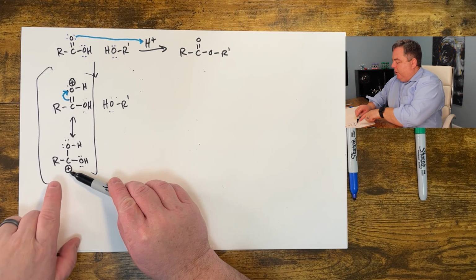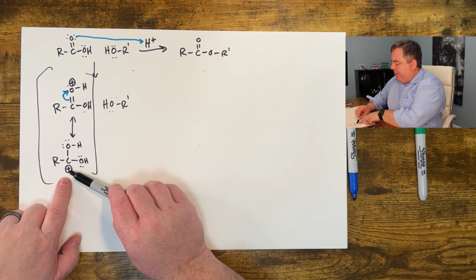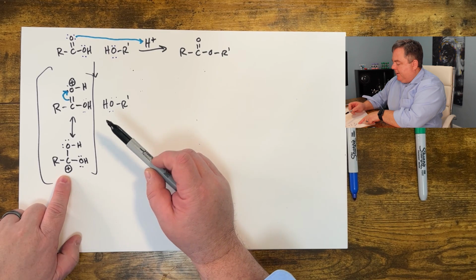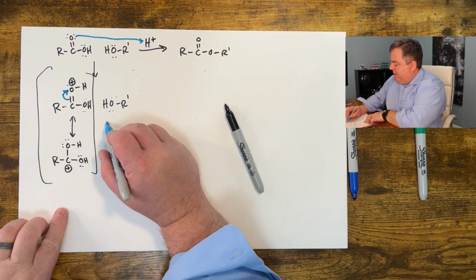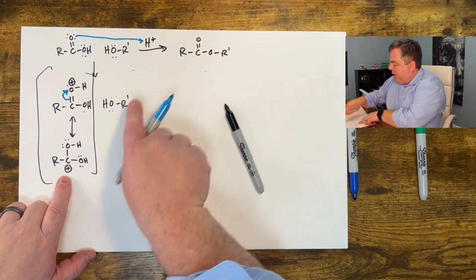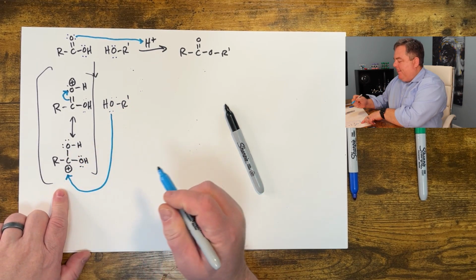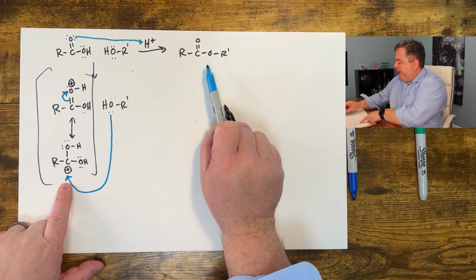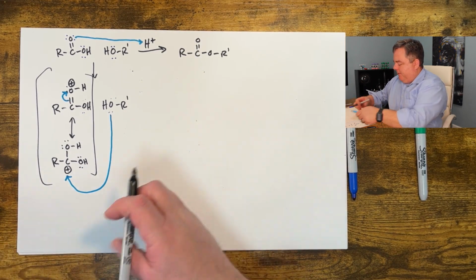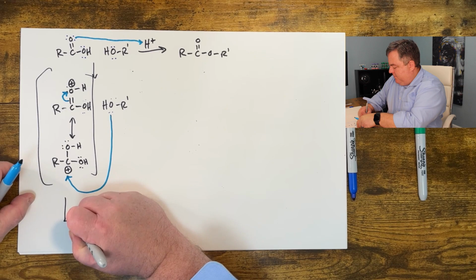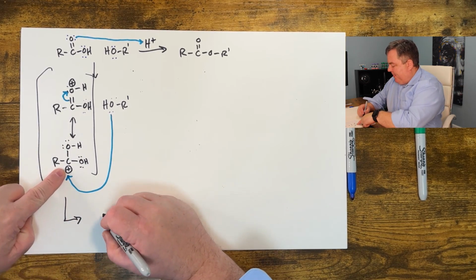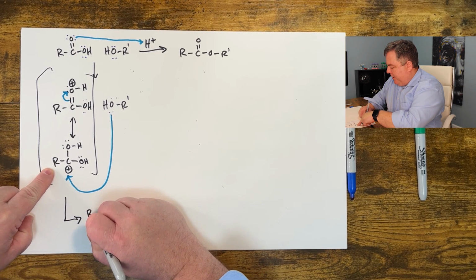So now I start looking at this and saying, okay, now this carbon has a positive charge. We know this OR needs to get on that carbon. So let these electrons come attack. Notice that just makes sense if I know where I'm going. So that makes a carbon with an R group.